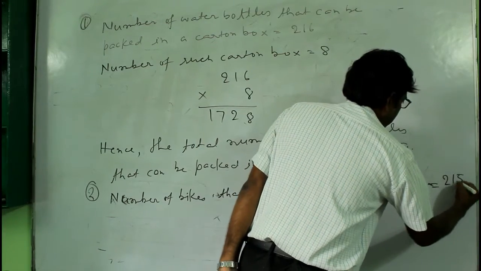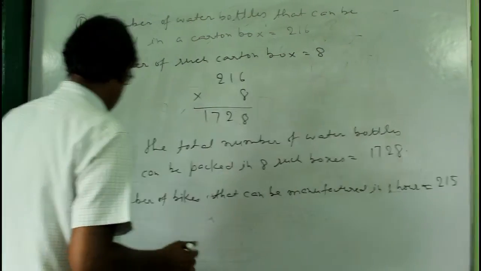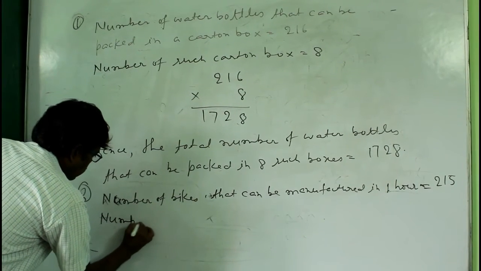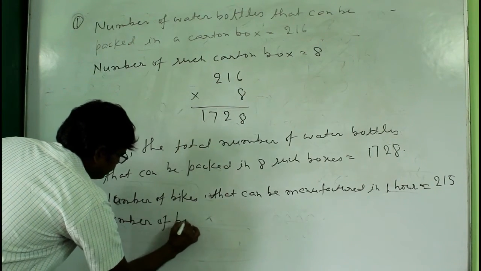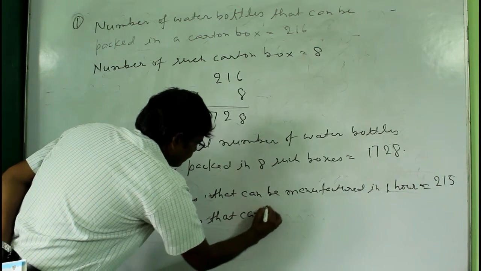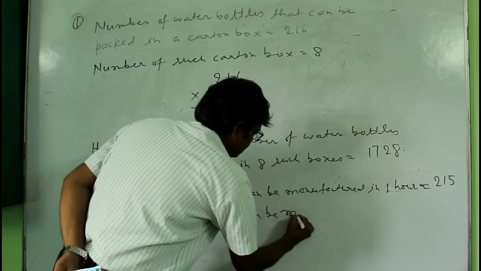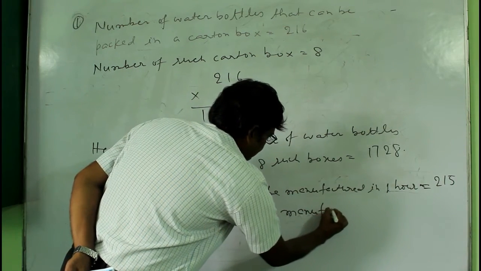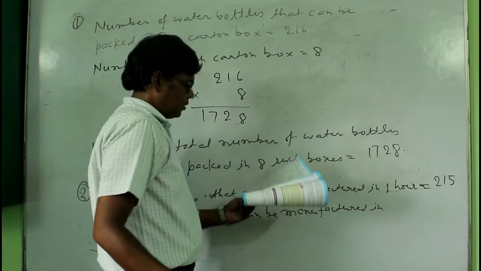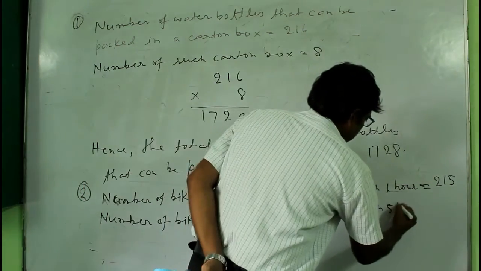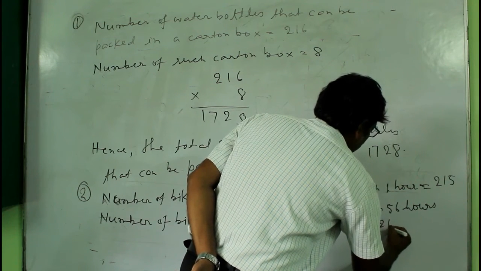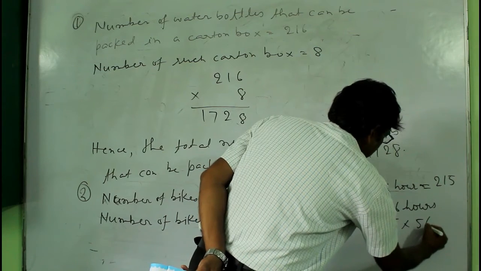Okay, so number of bikes in 56 hours equal to 215 into 56.